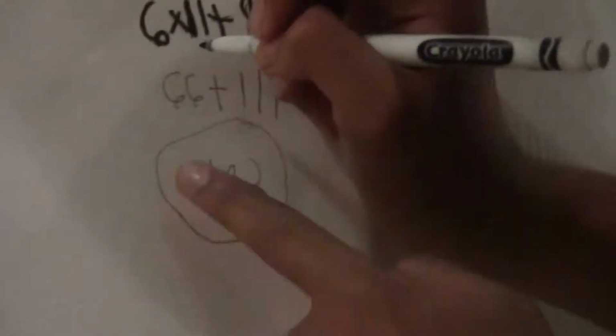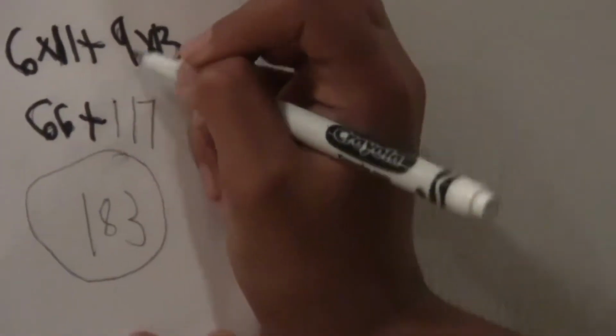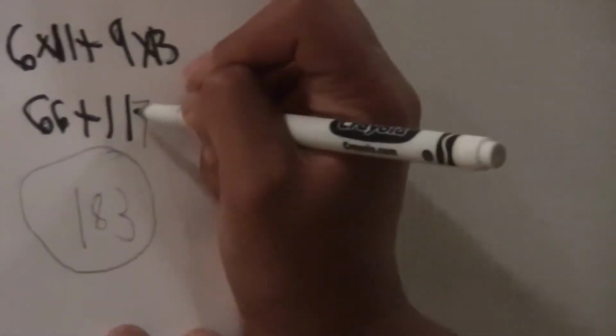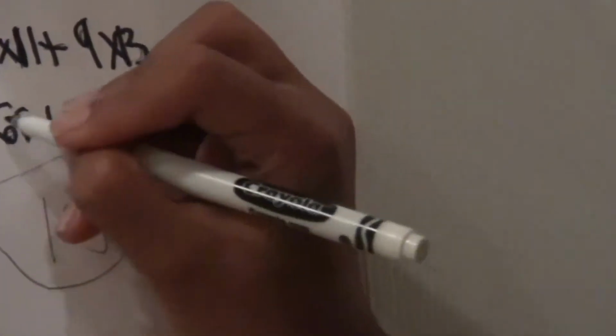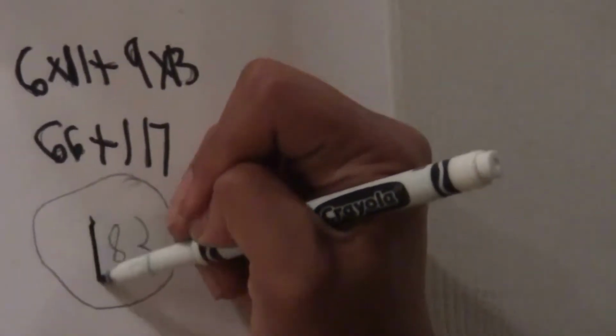So 6 times 11 is 66. And then we gotta add, because we can't forget about the symbol. And 9 times 13 is 117. Now we do the problem. 66 plus 117 is 183.